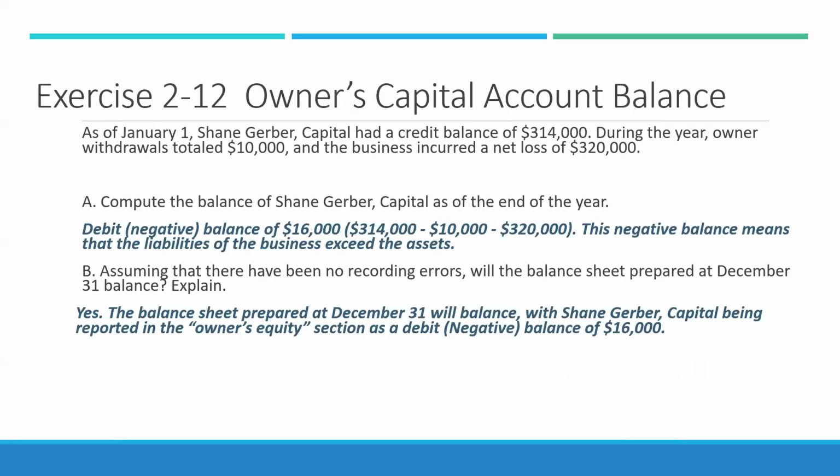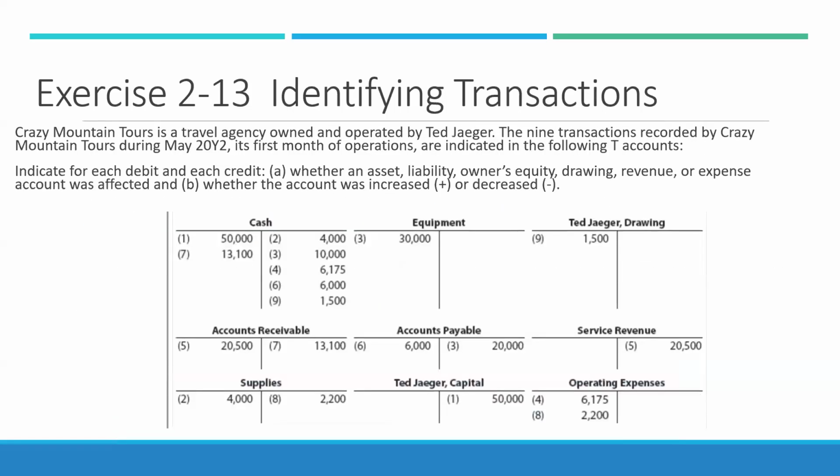This is kind of a helpful exercise. What we're going to do, this is Crazy Mountain Tours, a travel agency owned by Ted. There are 9 transactions that were recorded by Crazy Mountain in its first month of operations.